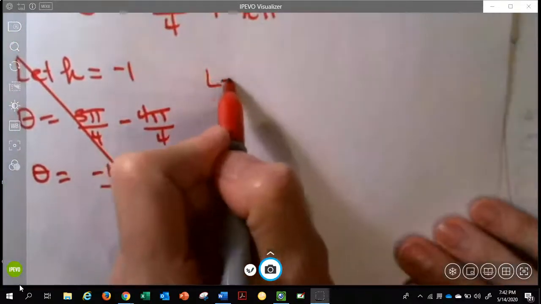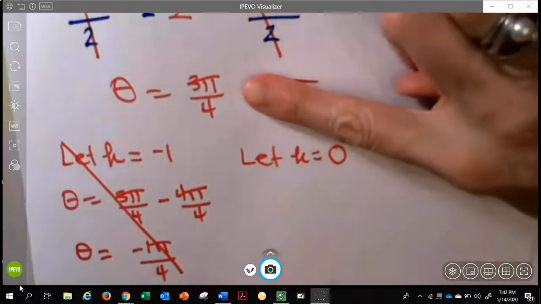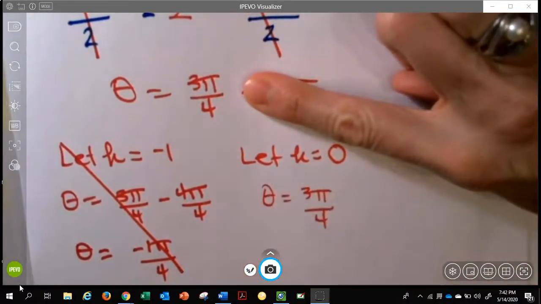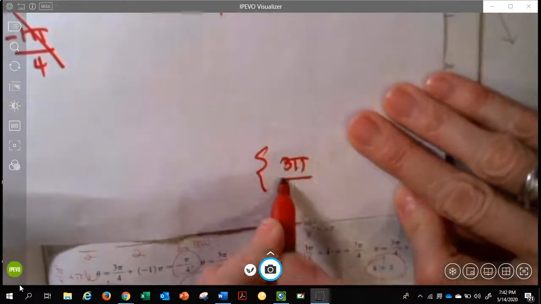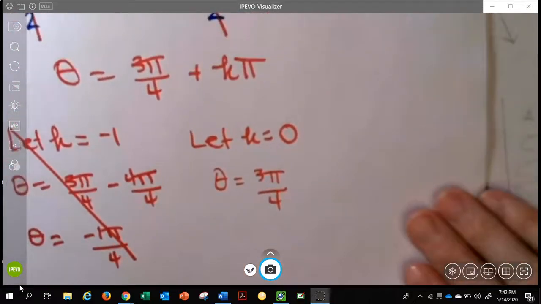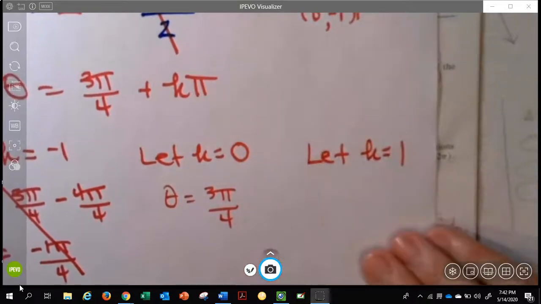So now let me try, let k equal 0. I like this one. Boom, it's gone. My theta is 3 pi over 4. So I'm going to go ahead and get a solution set started, that 3 pi over 4 is an answer, but I could have more. So now I'm going to say let k equal 1.